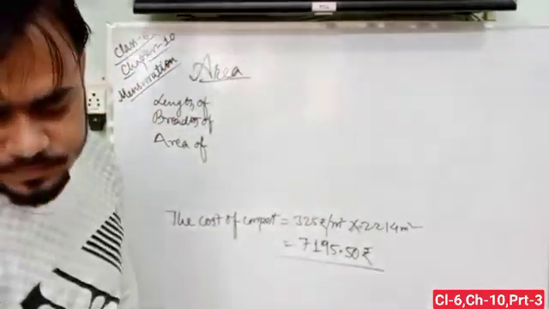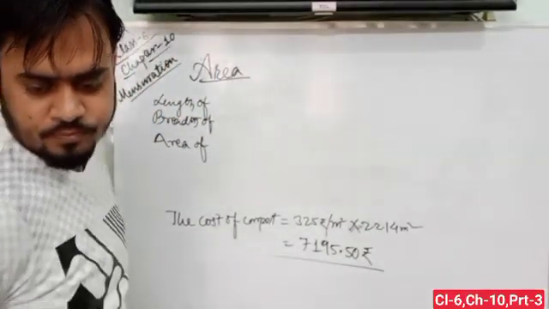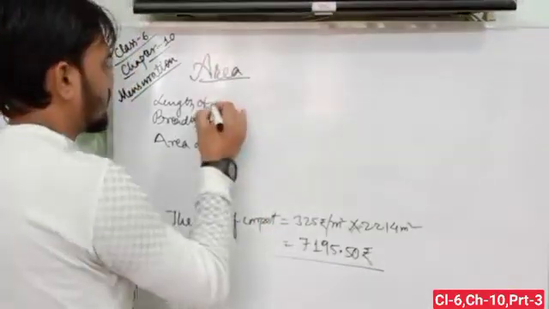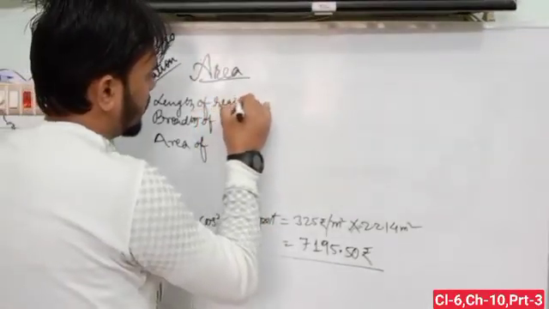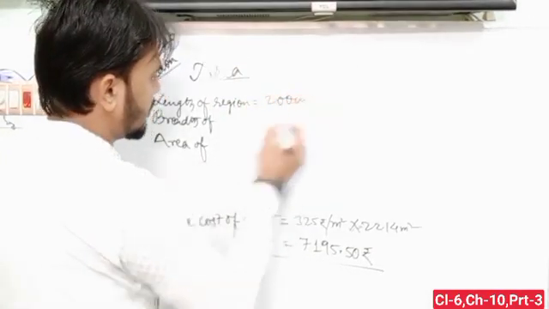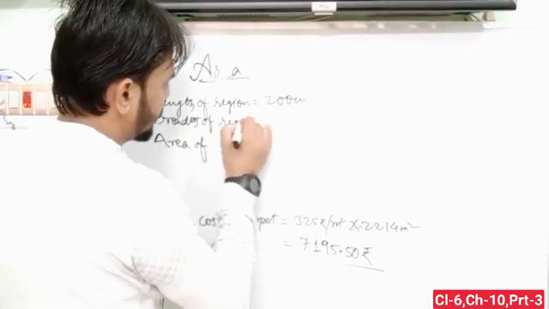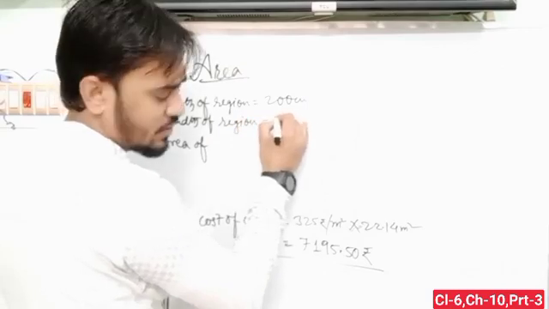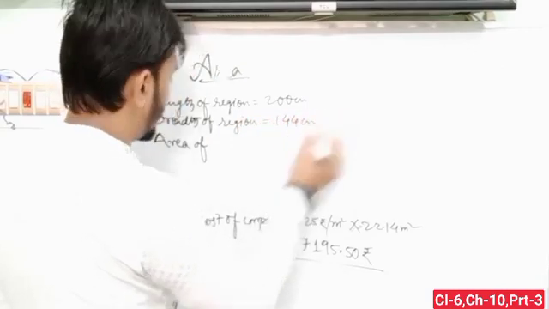You can see here, as given, length of region is equal to 200 cm and breadth of region is given 144 cm.